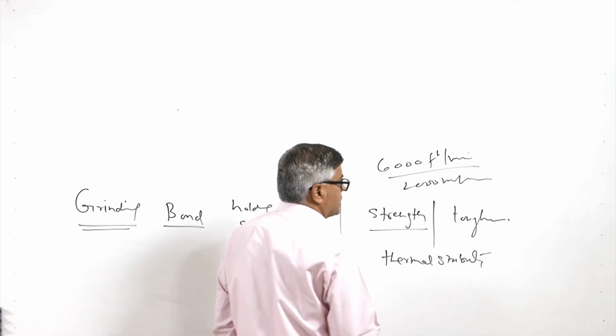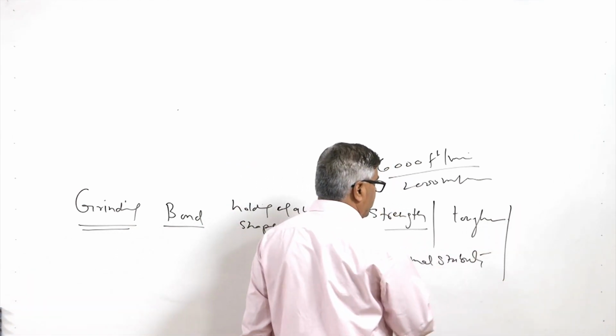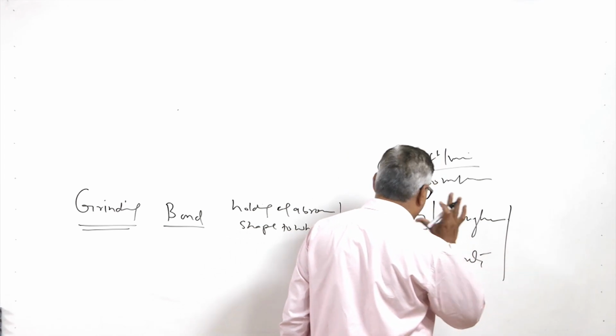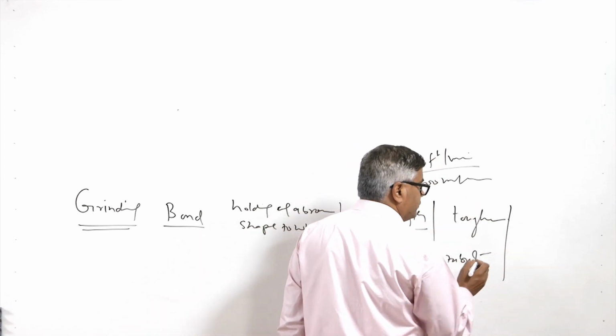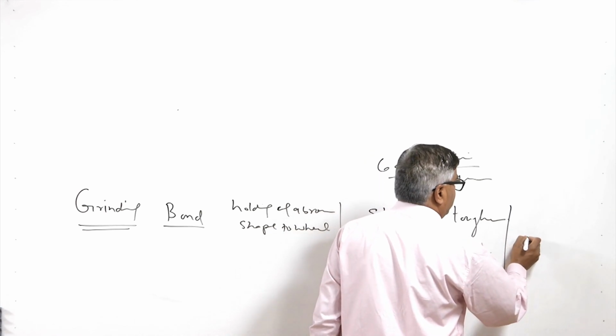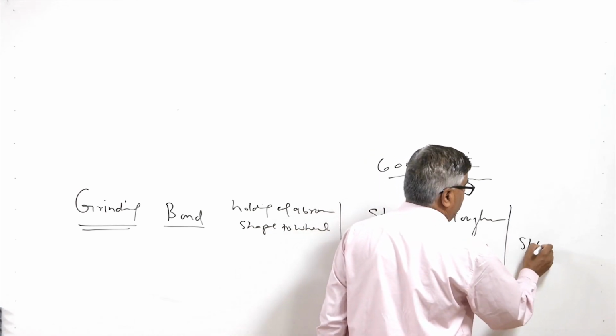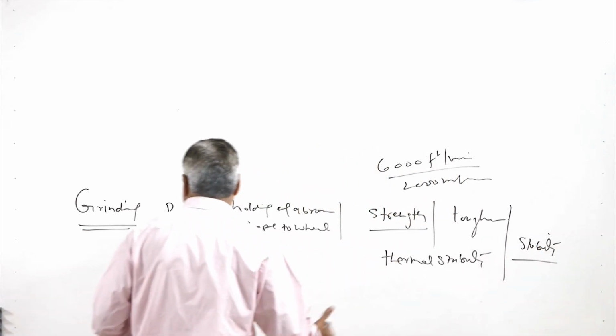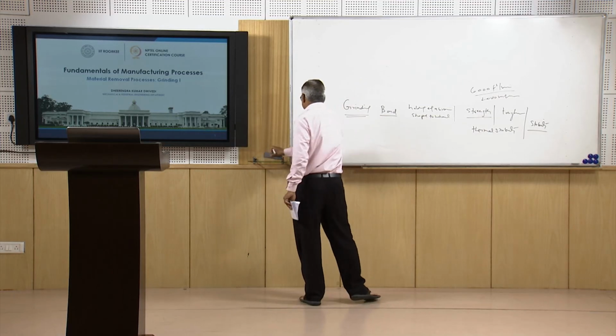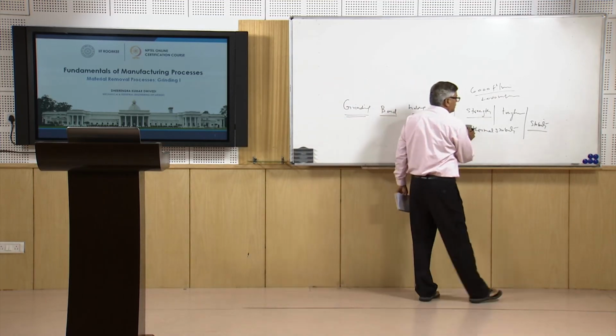If the bonding material has the required properties, it will lead to the stability of the wheel during rotation, and it will not shatter or fracture under severe grinding conditions.